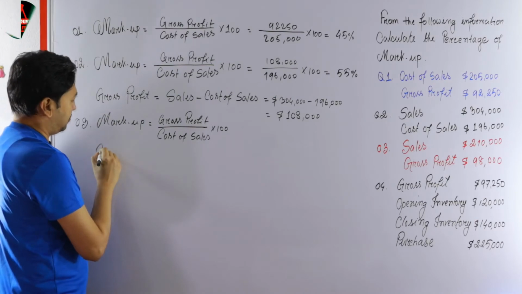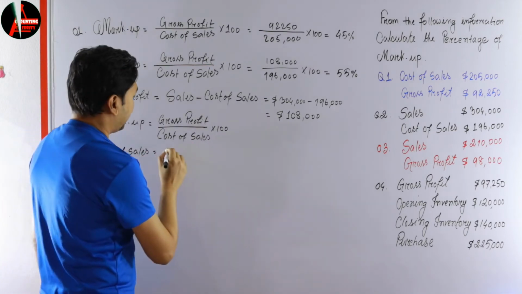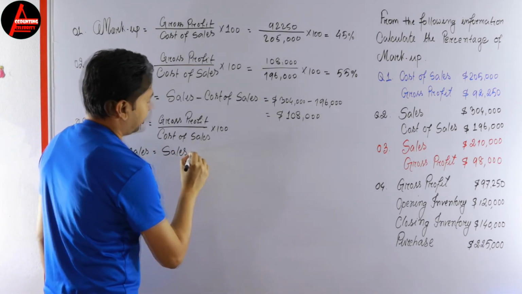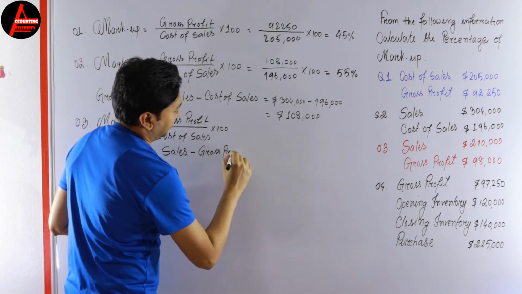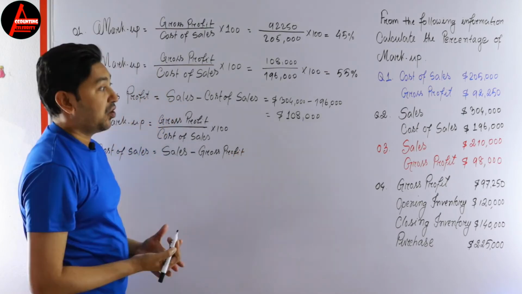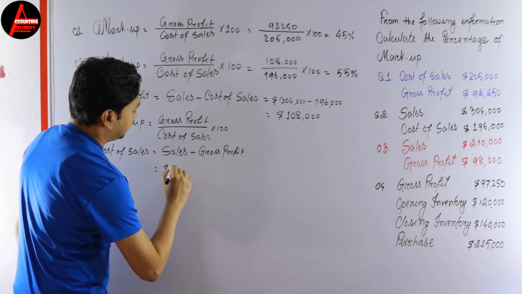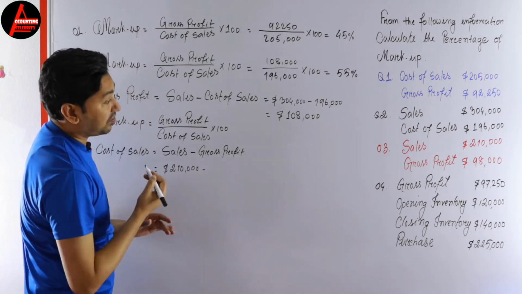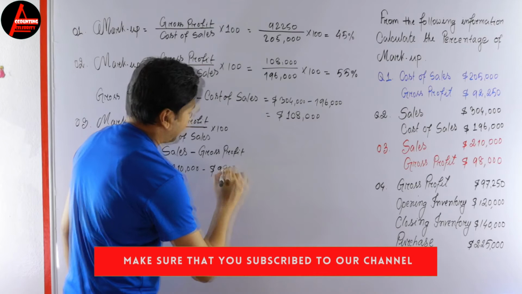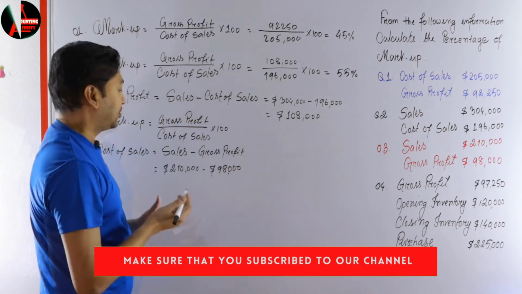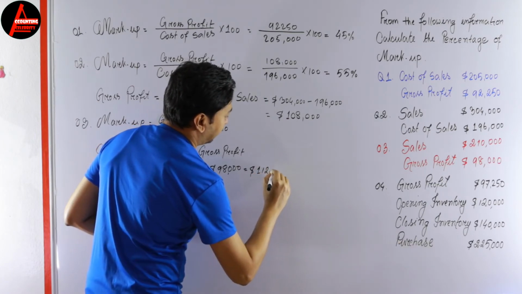We know cost of sales equals sales minus gross profit. So what is our value of sales? It is $210,000 minus gross profit, which is $98,000. If we subtract, we get $112,000.